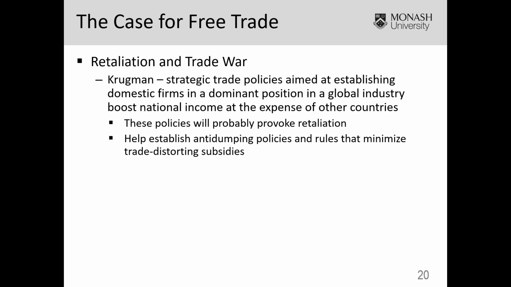These policies, however, may provoke retaliation, and your use of strategic trade policy may result in retaliation of tariffs, of anti-dumping policies, and other actions by other countries that minimise the success of your country's strategic trade policy, but also further distort the trading relationships.